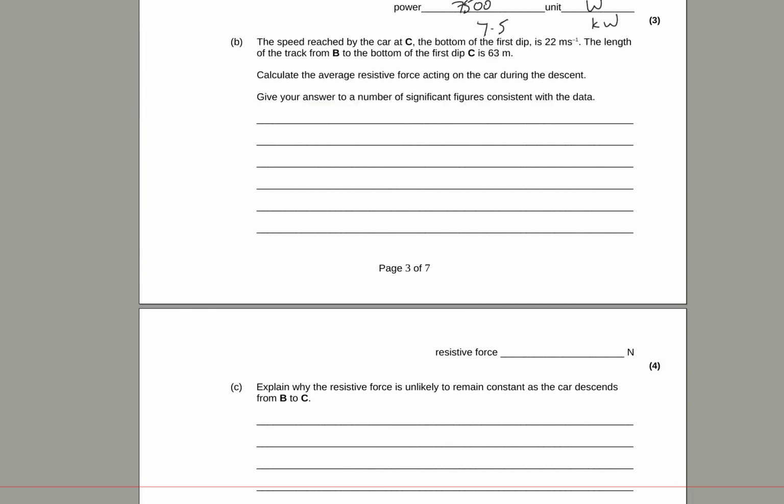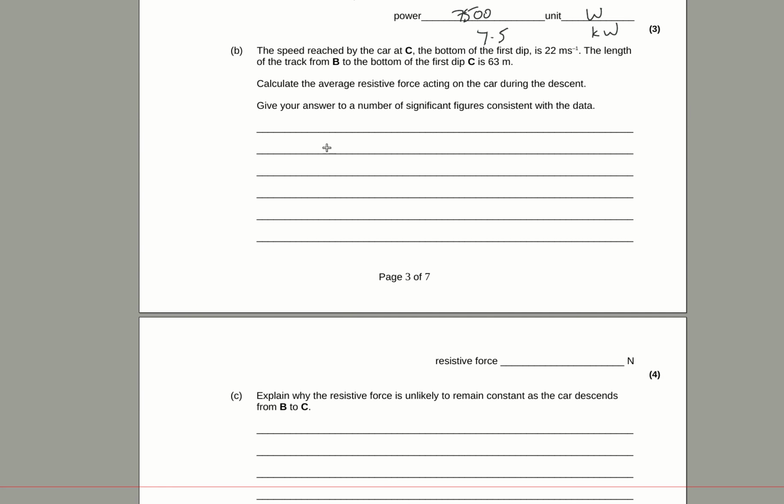So there's a number of different stages to this problem. If we start by working out the kinetic energy at the bottom, we know that's a half mv squared, so it's a half times 550 times 22 squared, which gives me 133,100 joules.